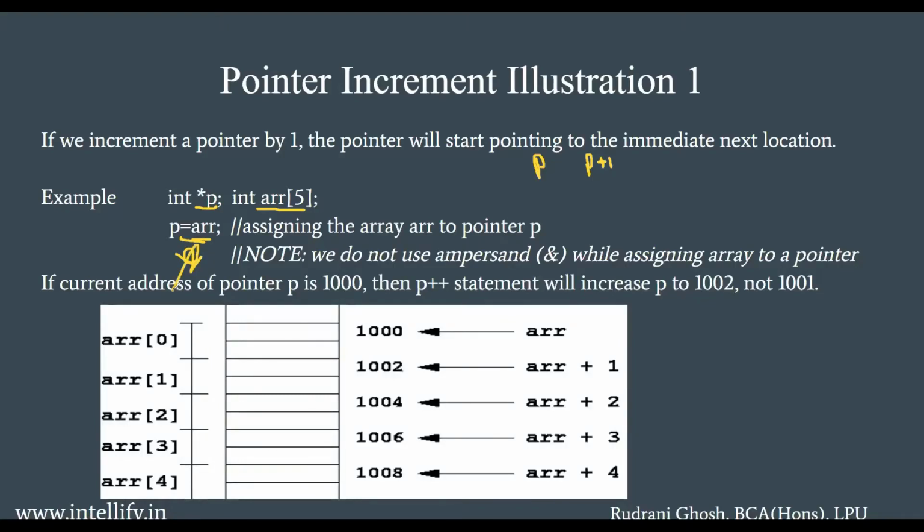So we don't have to specifically mention the ampersand. This is not required. If the current address of pointer P is 1000, then the P plus plus statement will increase it to 1002 and not 1001. Why? Because we have discussed that it increments by the size of the data type of the pointer. Since the size of an integer is 2, the first address will be at 1000, and the second address is at 1002.